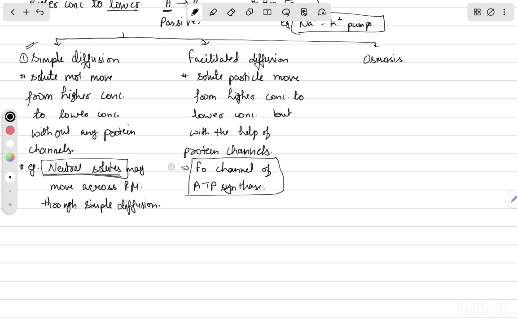So that is the example of facilitated diffusion, in which movement of solute particles is from higher concentration to lower concentration, but still it requires some protein channel for the movement, right? Movement is still from higher to lower concentration, but since it requires protein channels, the type of diffusion is facilitated diffusion.